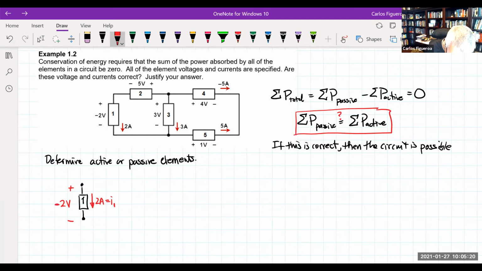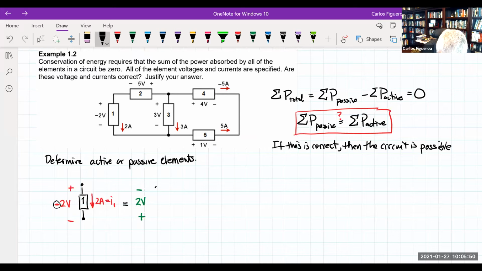But note, they've given you this extra minus sign. This is equivalent in voltage here, where that minus sign and that minus sign essentially flip each other around. So the equivalent statement here is that this guy actually is 2 volts with the opposite polarity.